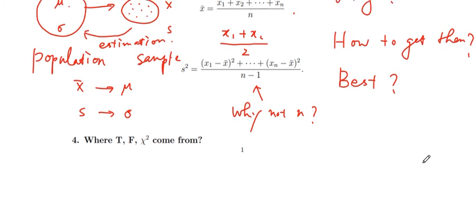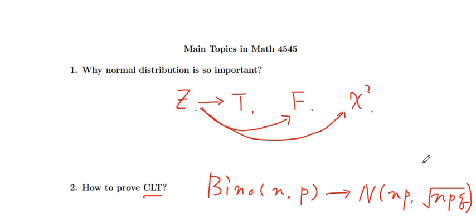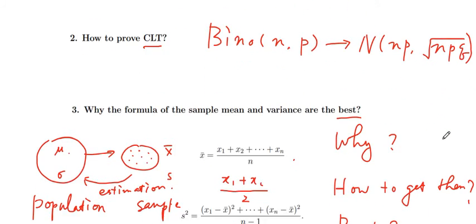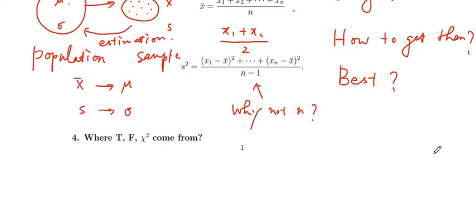And we also say that in statistics we have four tables: Z table, T table, F table, chi-square table. Here we know Z, right? Standard normal. So we want to understand what the T, F, chi-square mean, where those things come from, and how to derive their mean and standard deviation.